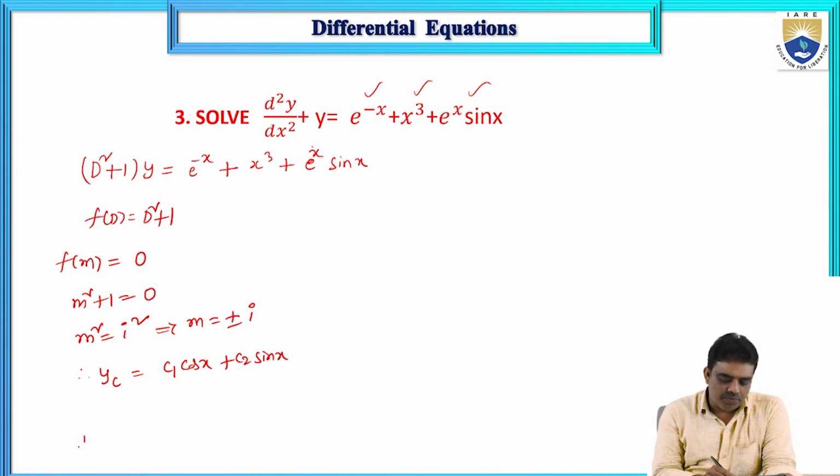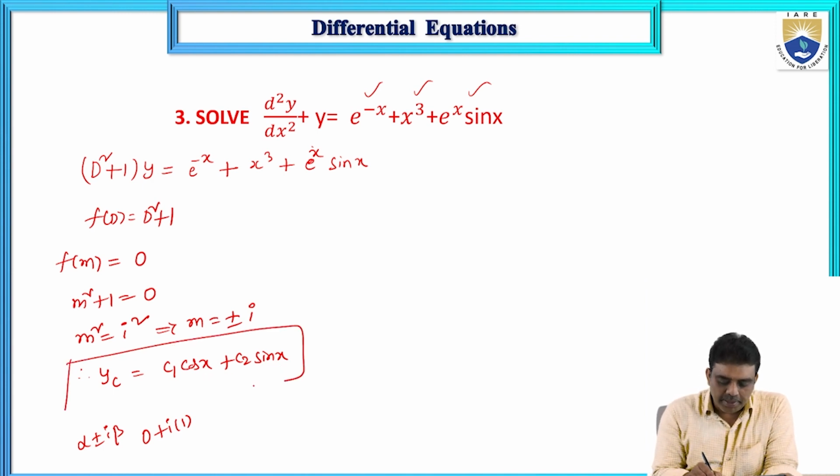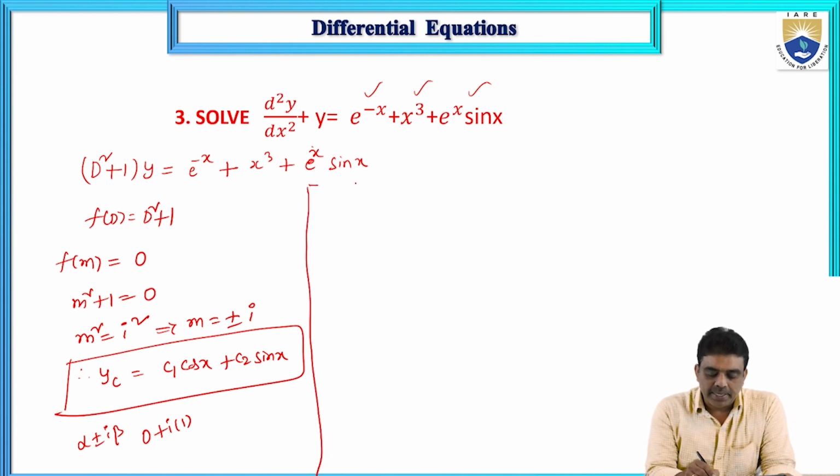So it is in the form of alpha plus or minus i beta, alpha is 0 and beta is 1. So e power alpha x into c1 cos beta x plus c2 sin beta x. So this is the complementary function or yc of the given function. Now find the particular integral.